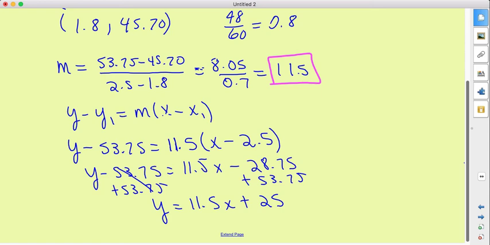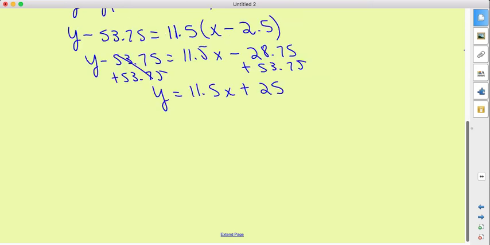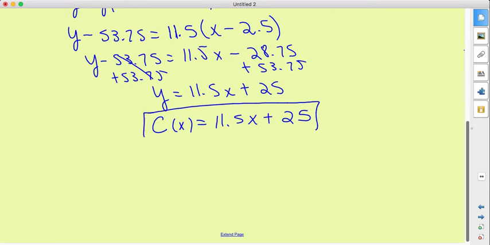So therefore, what's he charging to show up at your house for the service call? He's charging $25 and you're paying $11.50 an hour. Now, it does want you to switch it over. They said write it for cost, so they would want you to change it over to cost is equal to 11.5x plus 25. And that's a pretty cheap plumber by today's standards.